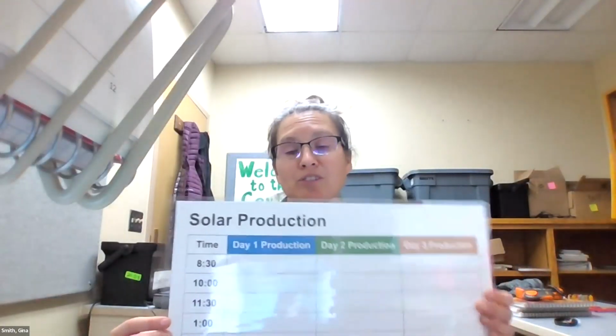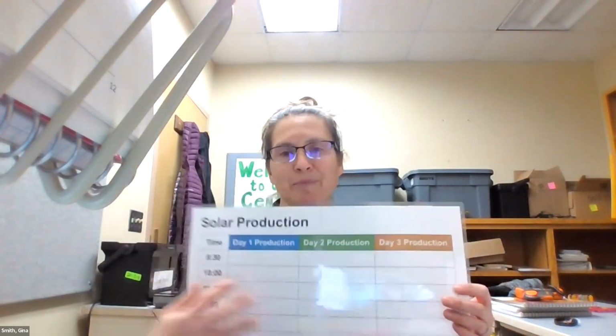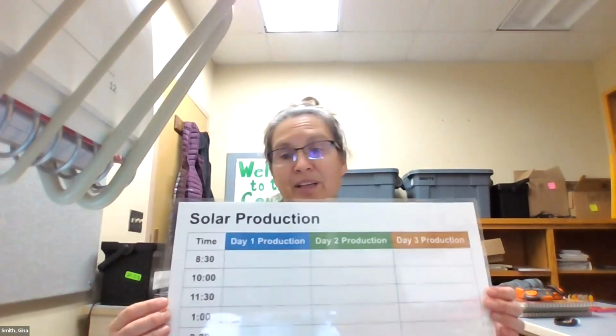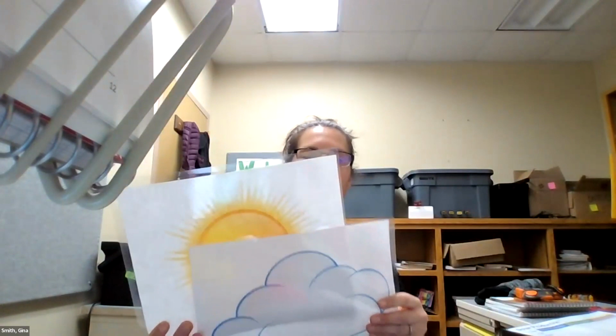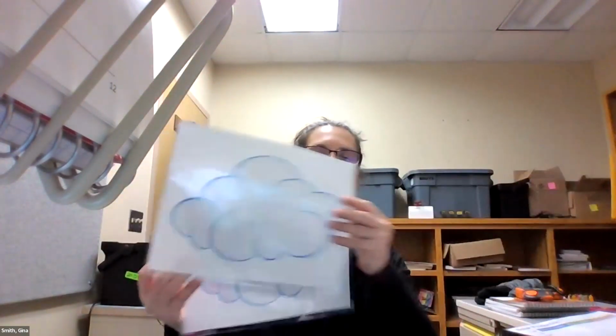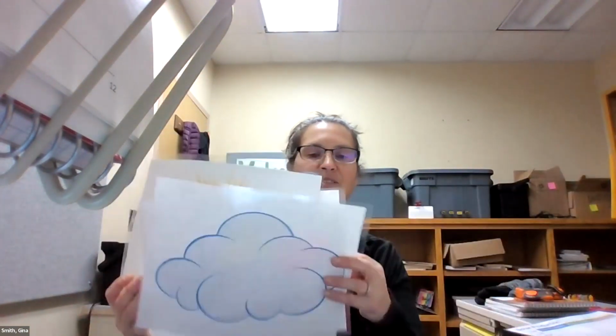So I have slides in Google Drive where a kid could type into here and put it on the smartboard, but we also laminated ones that I have to get to Carla and the teachers to use this April, where they can track it as they're going throughout the day. And then we just laminated a sunshine so the person can be out with the sun. And then we have two clouds, one for partly cloudy, one for totally cloudy, and those students would move.